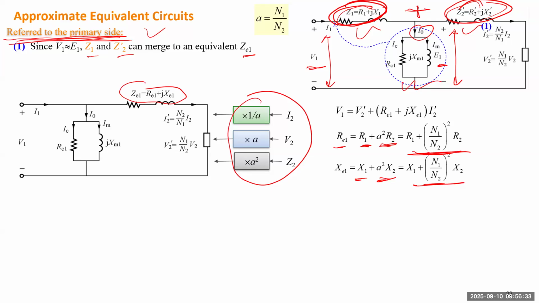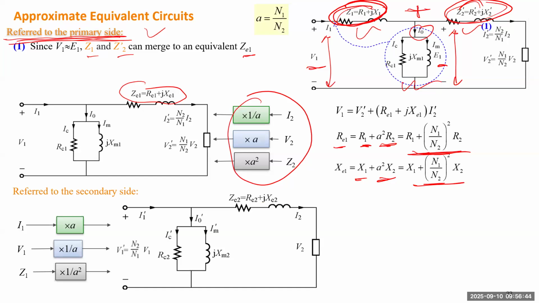So by doing this, we make a topology simpler than the accurate circuit. You can do similar things if you transfer everything to the secondary side; you generate the same topology. But for the values in the impedance, there will be two components similar to those formulas, but the primary side you need to transform, and the secondary side you don't need to transform.